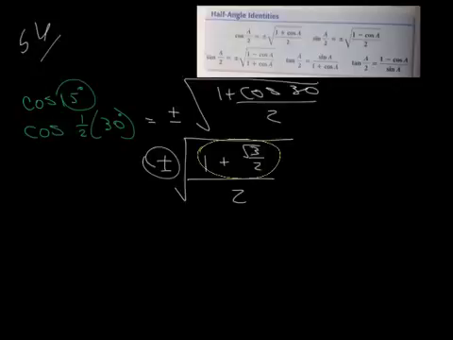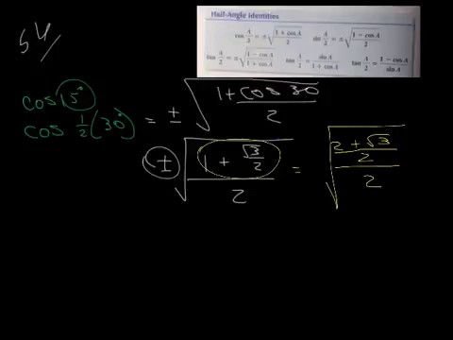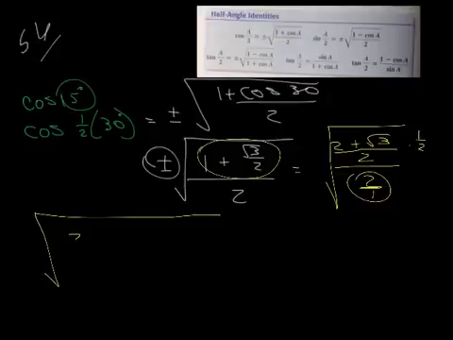Let's add these together. So I've got 2 over 2, and that allows me to bring these together into one fraction over 2, and that's over 2, and we're still in the radical. Okay, that's 2 over 1, so I can take this and invert and multiply. So I've got square root of 2 plus the square root of 3 over 2, and again I inverted and multiplied, so I'm just going to write it out here.